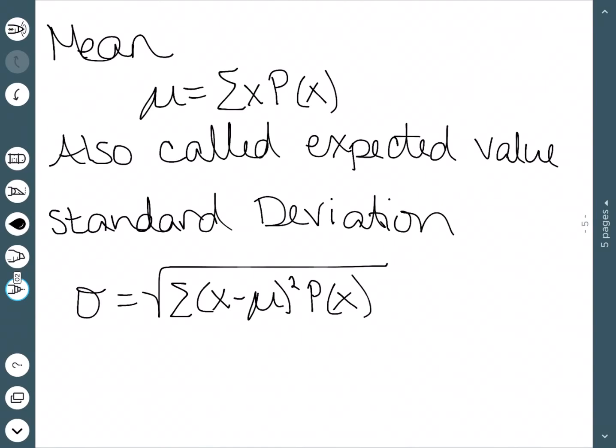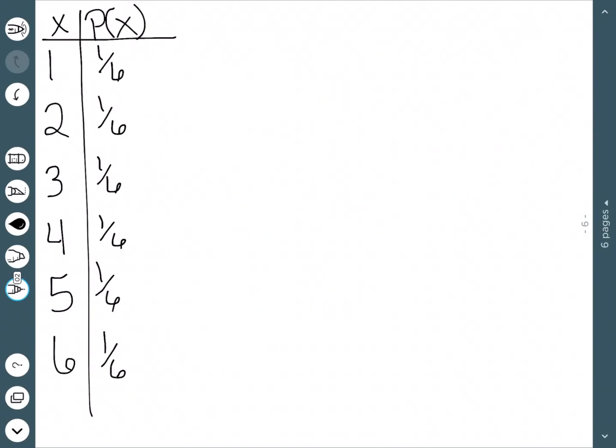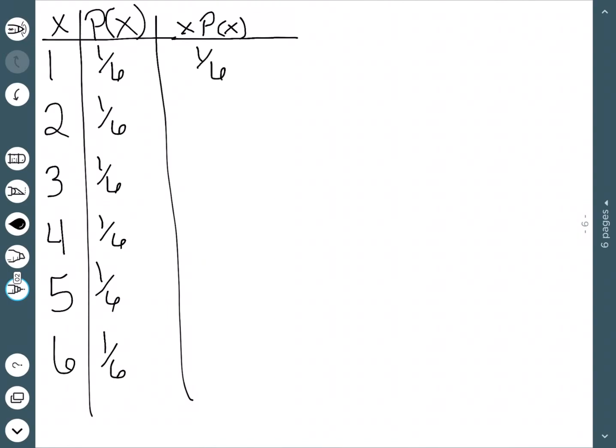So now that we have our formulas, let's work through a couple of examples. Here was our probability distribution for rolling a die. And whenever we're doing this, we're just going to add a few columns onto this table. My first one is going to be X times P of X. Just multiply these two values. This is 1/6, 2/6, 3/6, 4/6, 5/6, and 6/6.